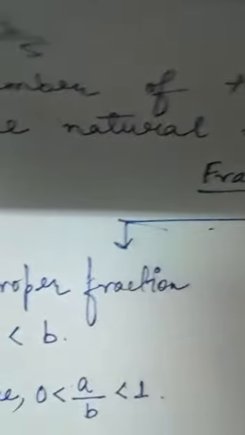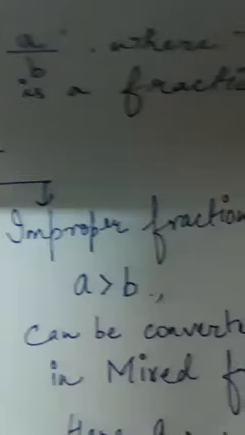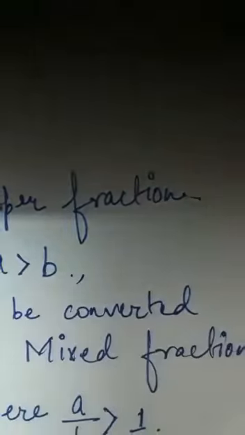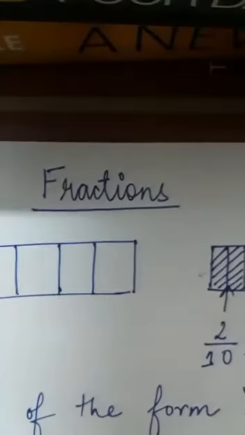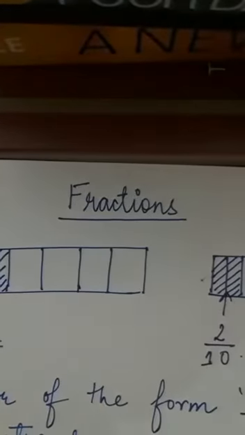Hence the value of a proper fraction always lies between 0 and 1, whereas the value of an improper fraction is always greater than 1. So these are the things you should know about fractions, and we'll come to fractions more in our coming videos.